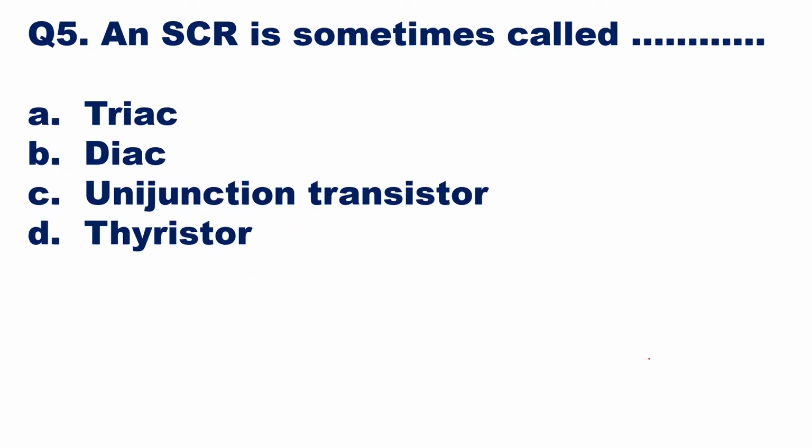An SCR is sometimes called as, the options here are triac, diac, unijunction transistor, and thyristor. So here we should know that a thyristor is a family. A thyristor is a family in which we have many power electronic devices.